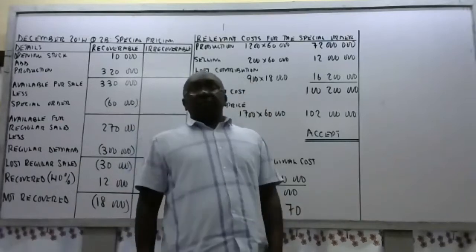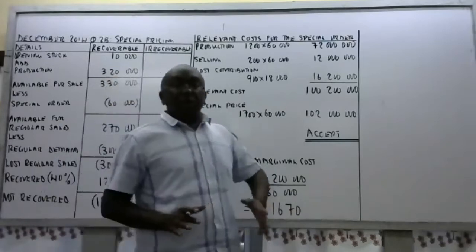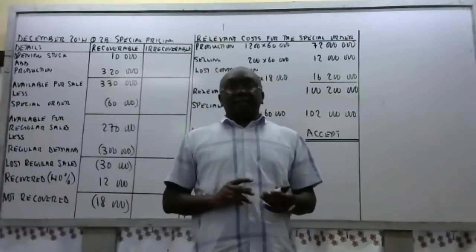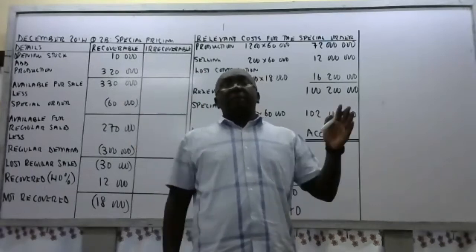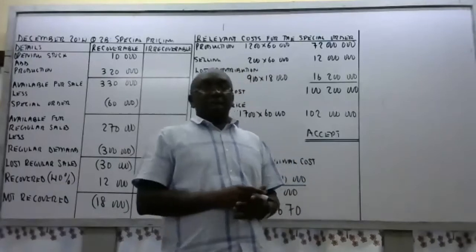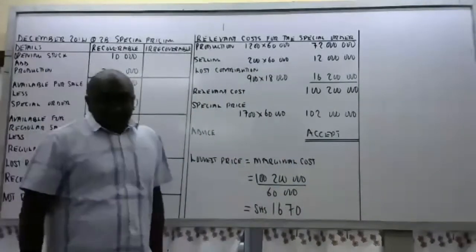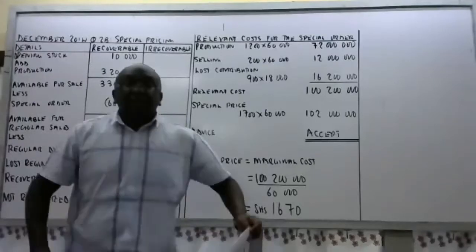So that means if they were to pay 1,670, we will be indifferent. We will not be able to say with clarity whether we take or we abandon, because either way there is no gain. Either way the net position remains. So that is the way to go about it.